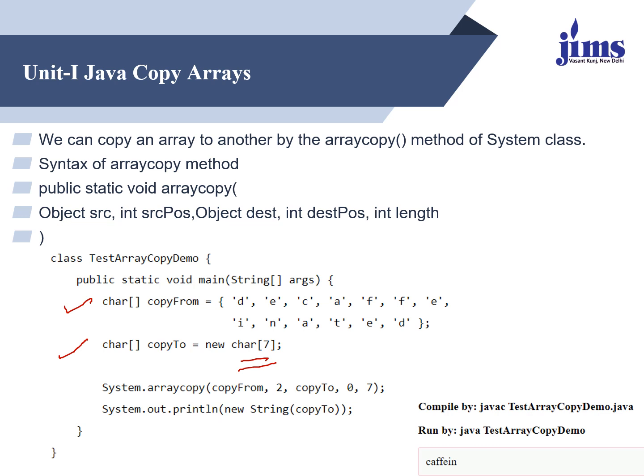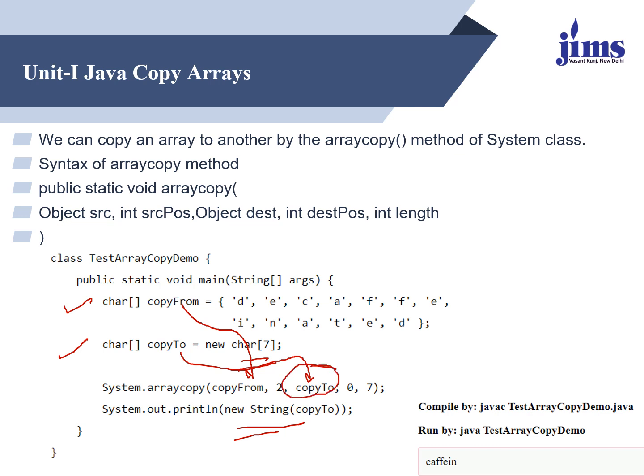I am calling array copy. The function name is System.arraycopy. Copy from this array, starting from the second element, copy to the other array, from 0 to 7. Now I'll print the string that is copied.